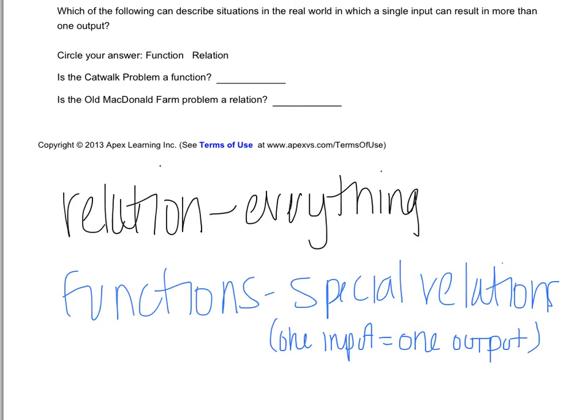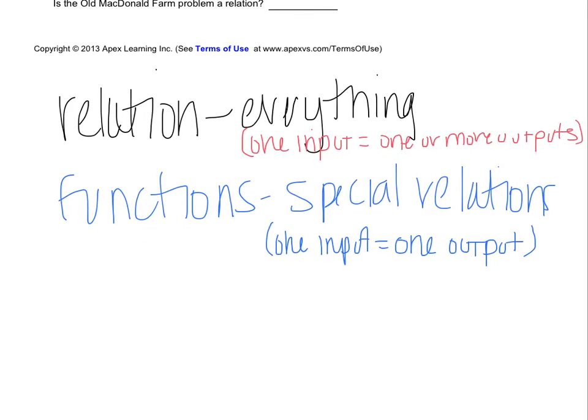A relation is one input equals one or more outputs. So that means a couple things.